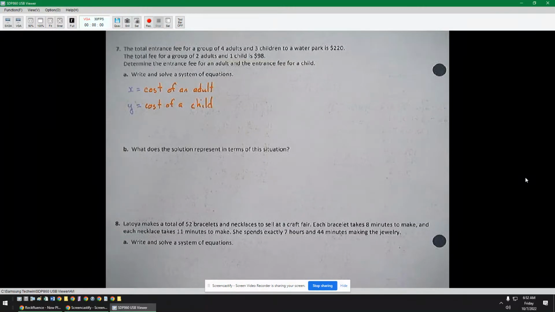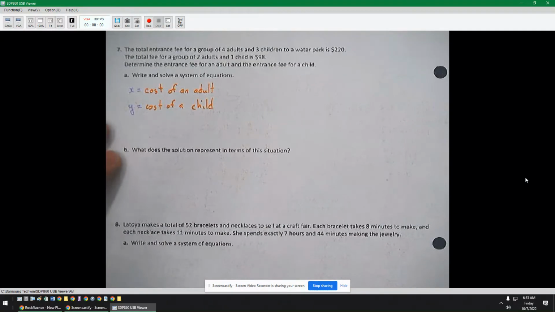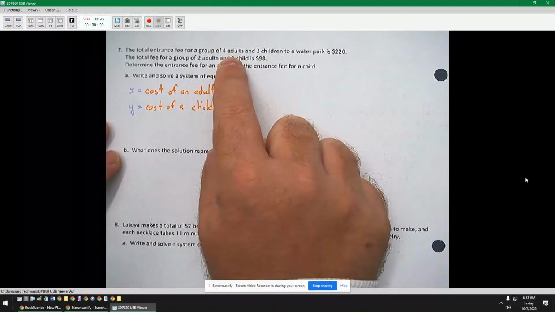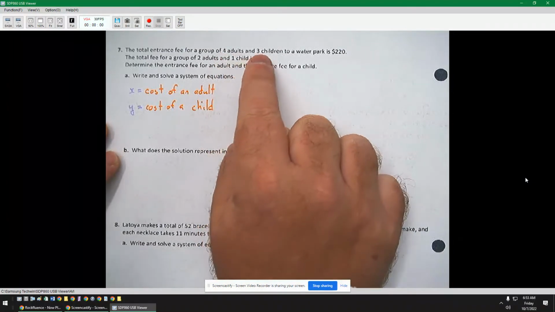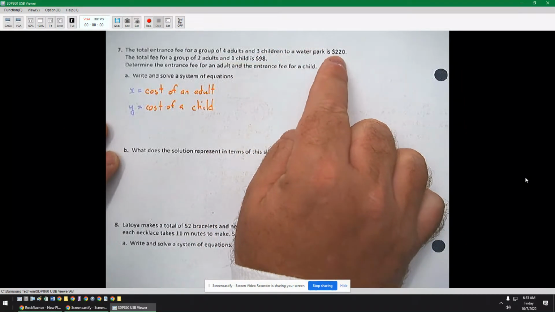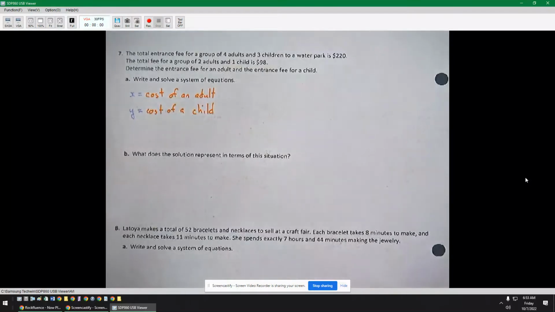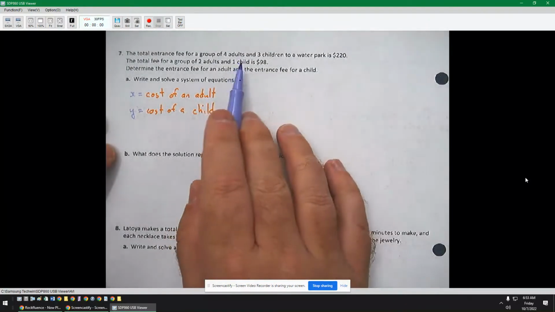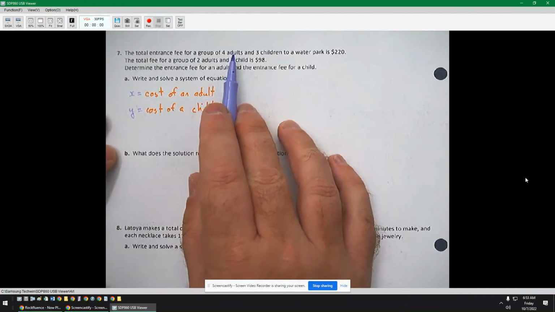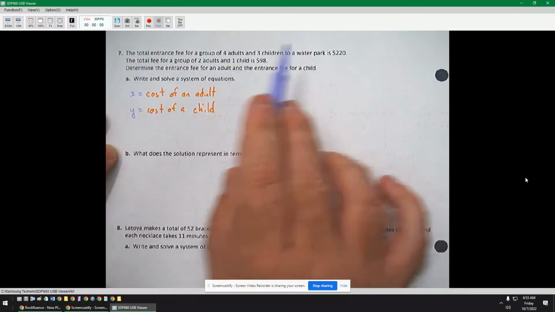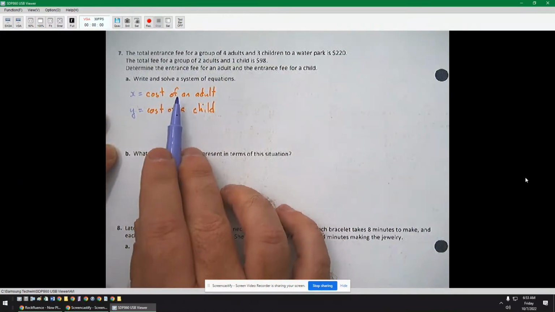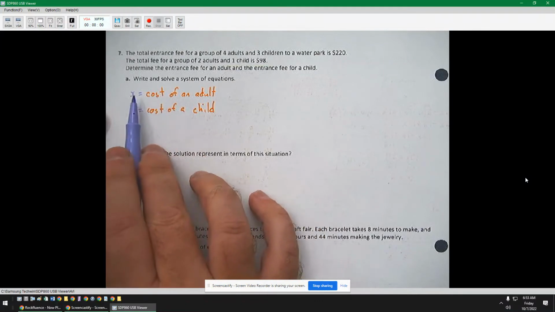All right, now I describe these as total stories because if you read this first sentence, there are 4 adults, there were 3 children, and they came together for a total of $220. So I know it sounds weird, but what's the cost of an adult? Well, they didn't tell us here, but we defined it. So now the cost of an adult is this number x, whatever x is. We don't know it yet, but we're going to find it. x represents that cost.